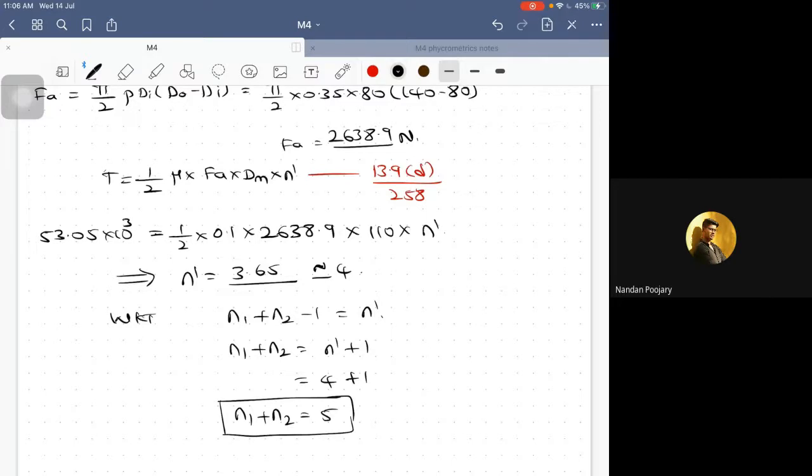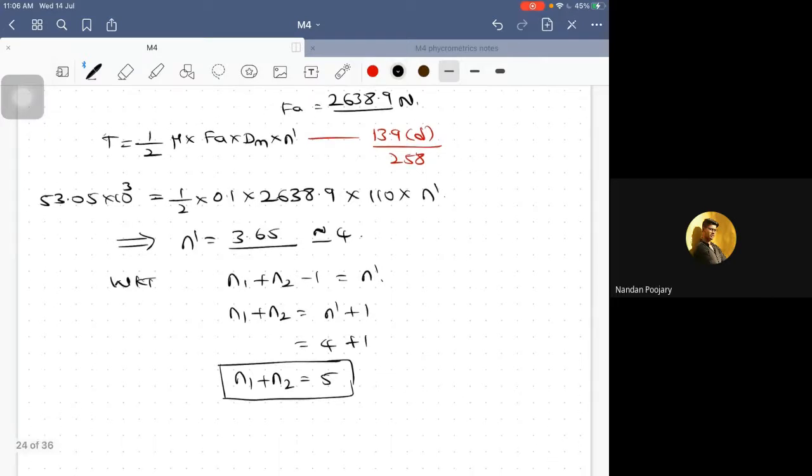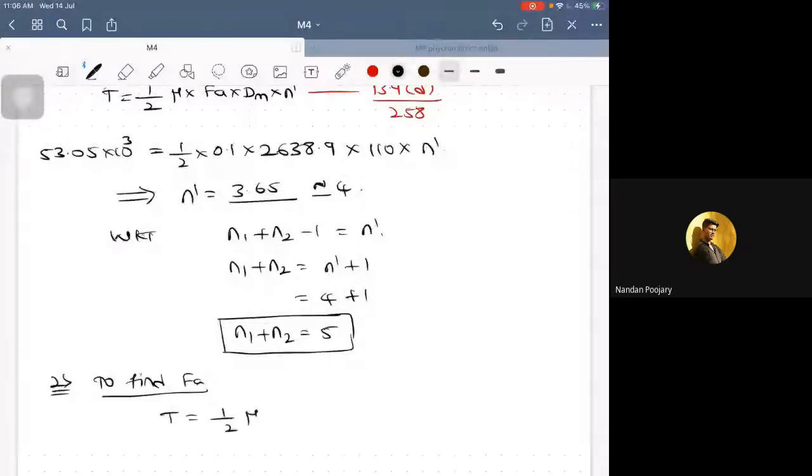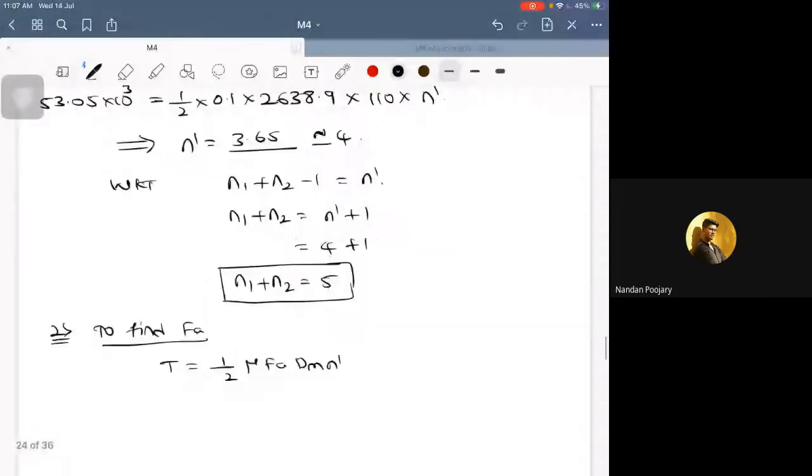So once I get the value, again use the torque equation to calculate Fa. Okay. To find Fa, can use the torque equation that says T is equal to half mu Fa Dm n dash. So substitute all the values. 53.05 into 10 to the power of 3, half, 0.1, Fa, 110 cross 5.